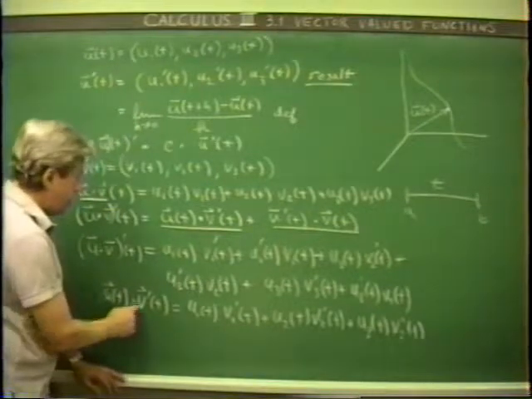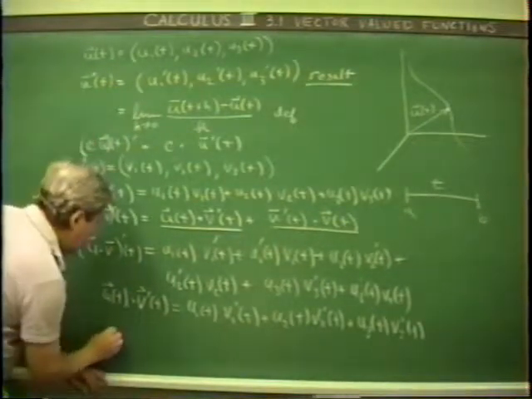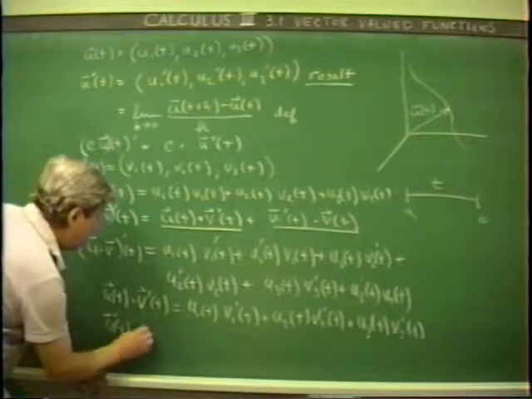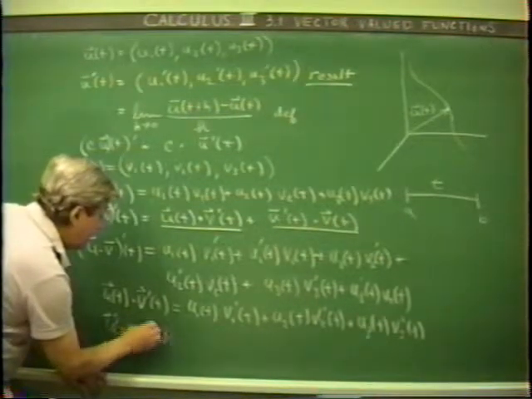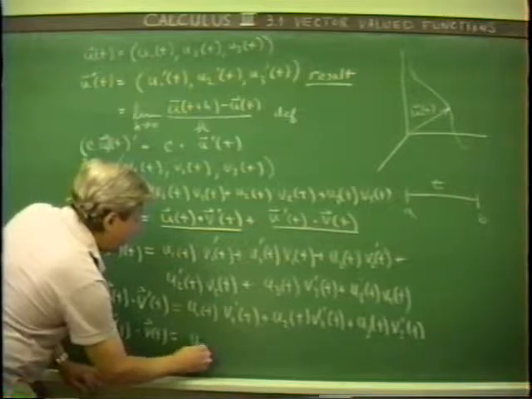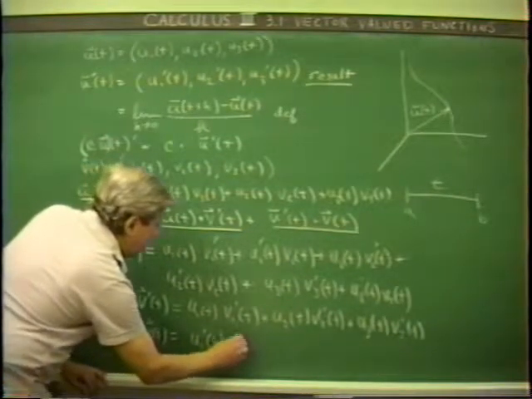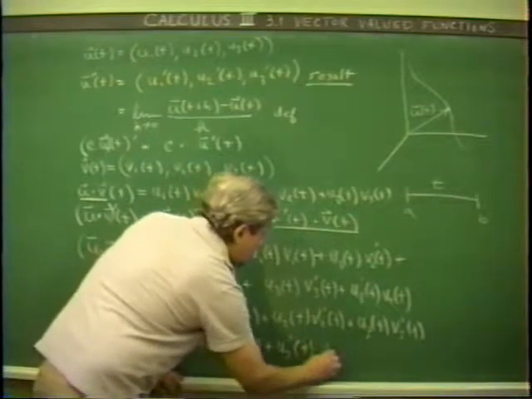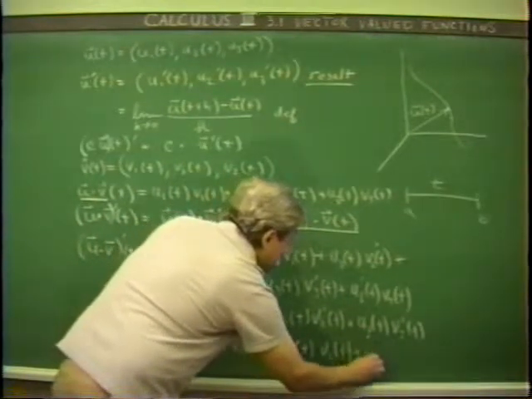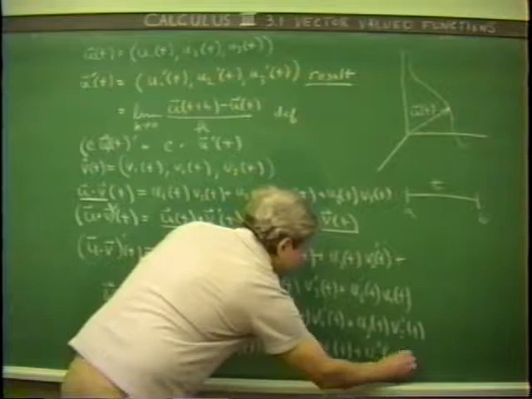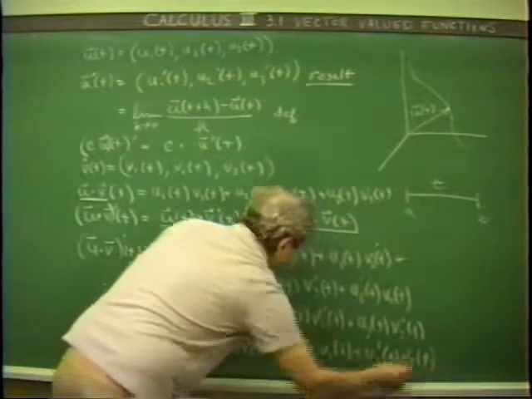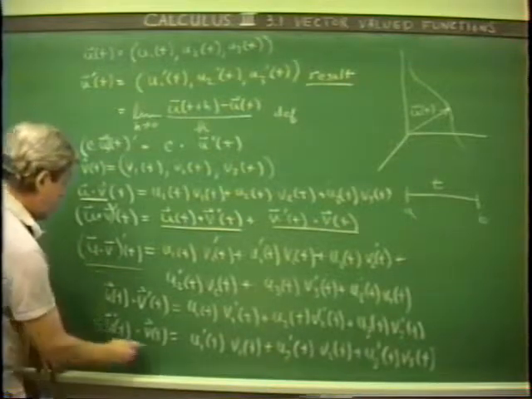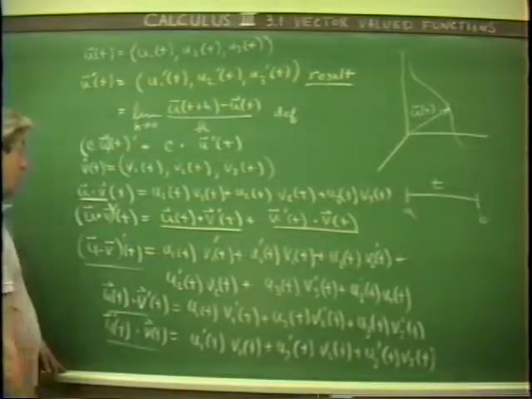And u prime of t dotted with v of t is going to be equal to u1 prime of t v1 of t plus u2 prime of t v2 of t plus u3 prime of t v3 of t. And so now what we want to know is whether this is equal to the sum of these two.